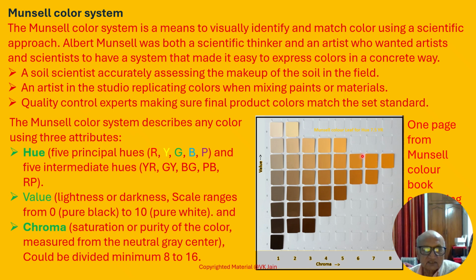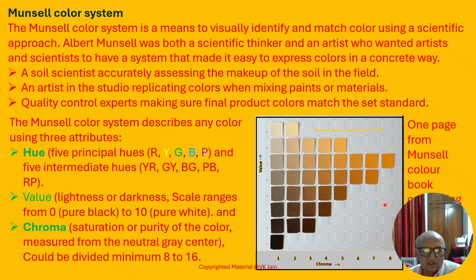Now this Munsell color system has an X and Y scale. This is the X scale having 8 values, and this is the Y scale having 9, 10 values like this.